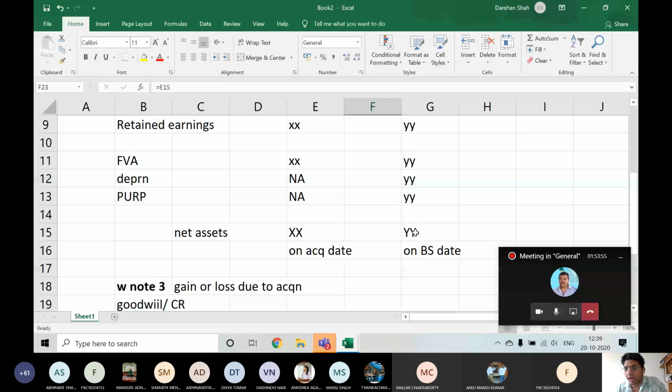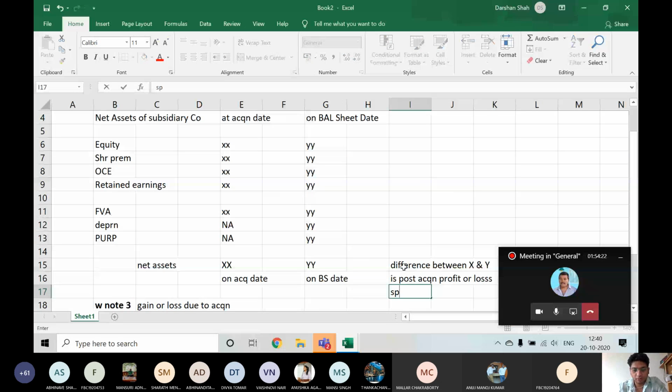It is after acquisition. So if it is after acquisition, it will be split between parent and NCI. In what ratio? In the ratio of 60:40.